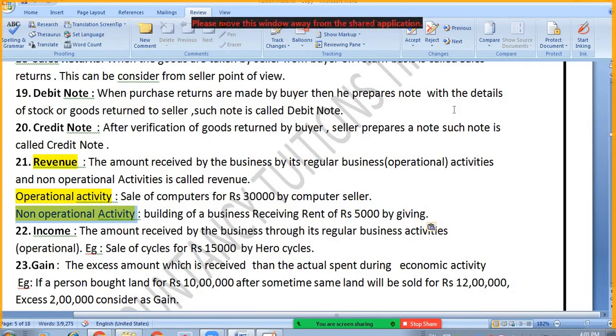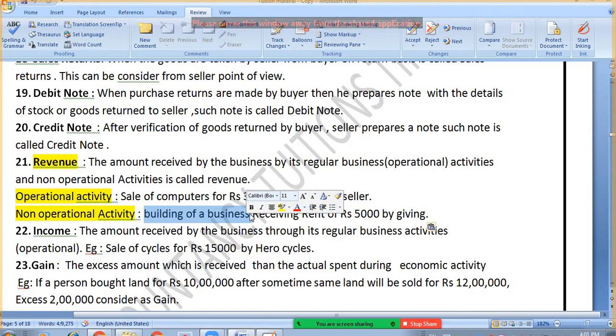Operational activity may be a regular activity, and even non-operational activity is sometimes regular. If we give the building to a tenant as rent, the rent will be paid by the tenant on a regular basis, periodically every month. So definitely this can also be a regular activity, regularly receiving the amount.